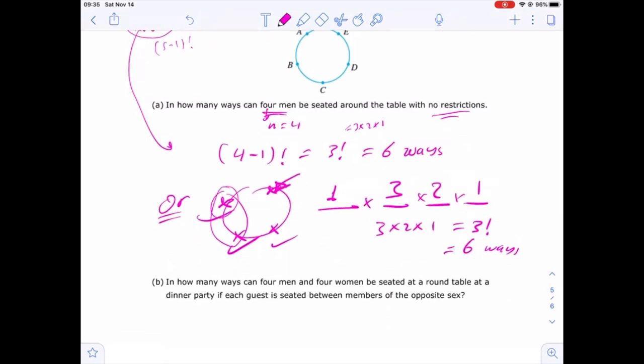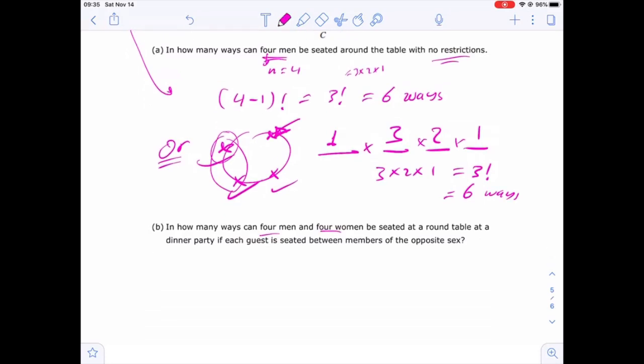Now if we want to know how many ways 4 men and 4 women can be seated around a round table, so we have men and women here, and we want to seat them such that each guest is seated between members of the opposite sex, for example, a man between two women.